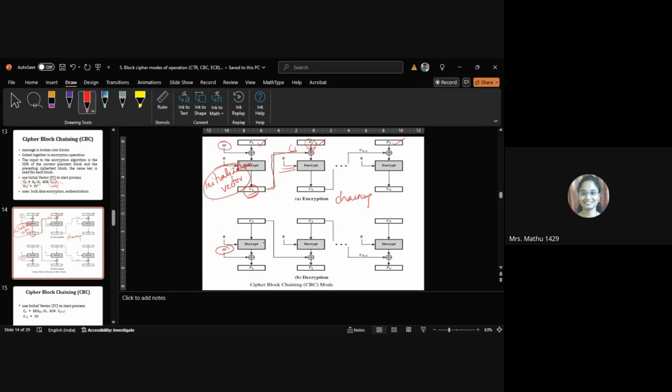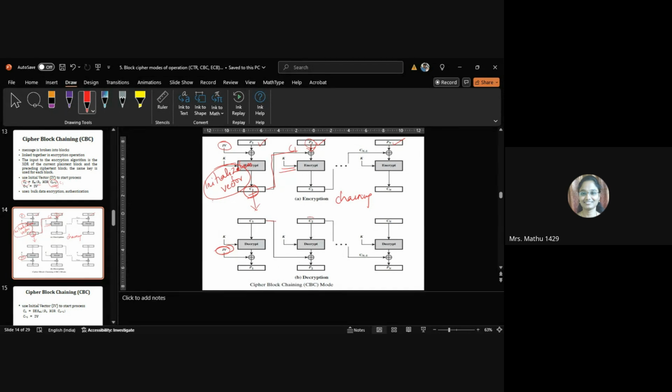Similarly, decryption. How will you do the decryption? We take the ciphertext, and this will be decrypted using the key first. The result that you are getting after decryption, for the first plain text block, we need to XOR it with the initialization vector. And for the remaining ciphertext blocks, as we have already seen, it should be the previous ciphertext.